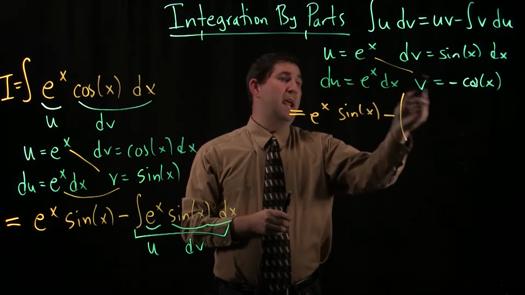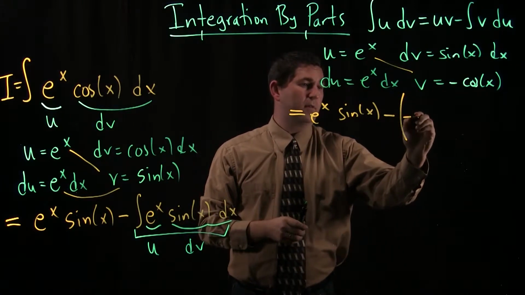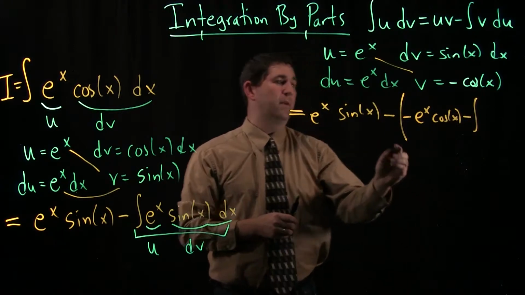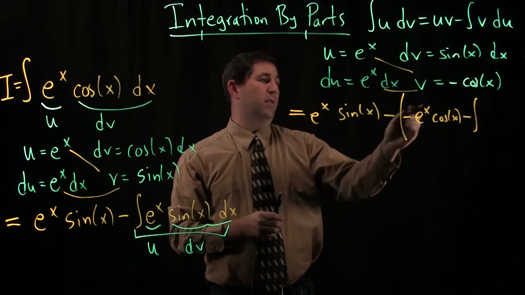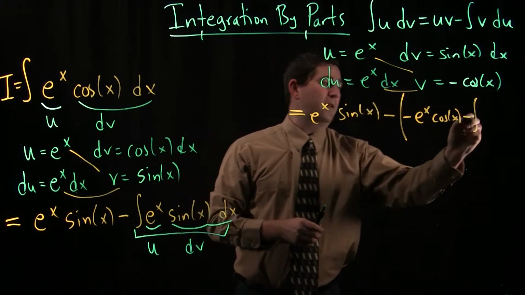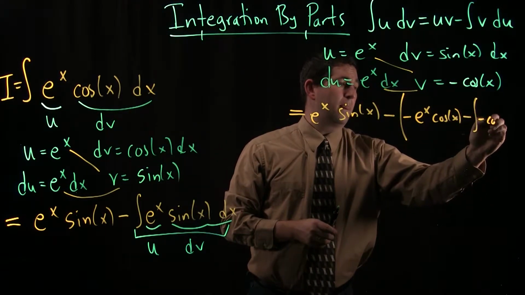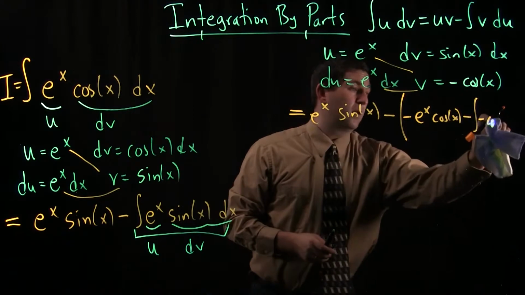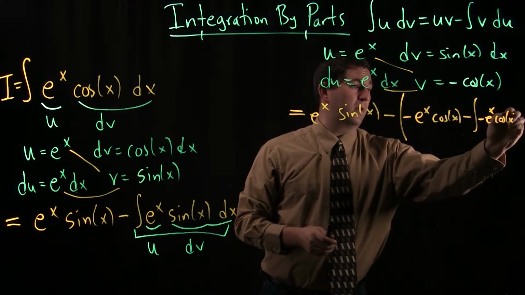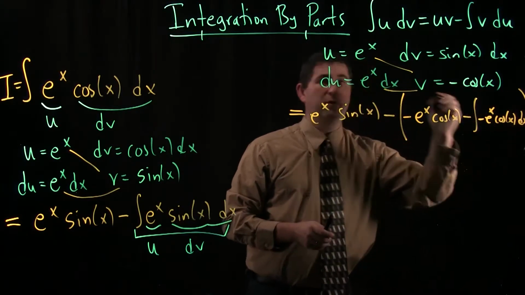I have a negative e to the x cosine of x, so negative e to the x cosine of x minus an antiderivative, my v du. So this is going to be negative e to the x cosine of x dx. Close our parentheses up.